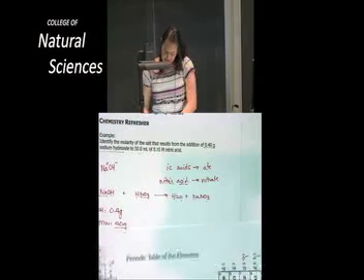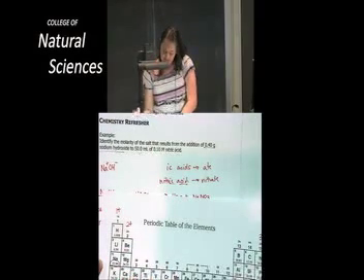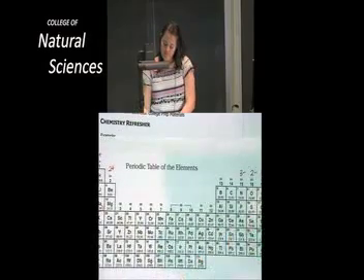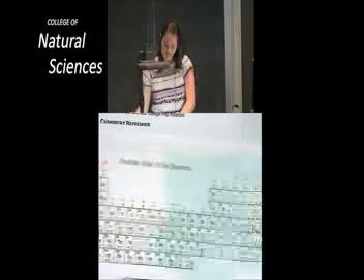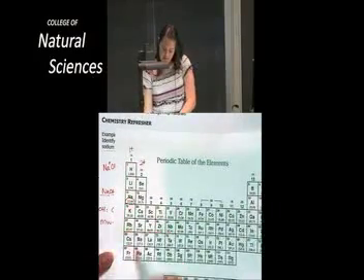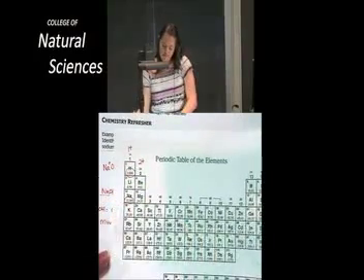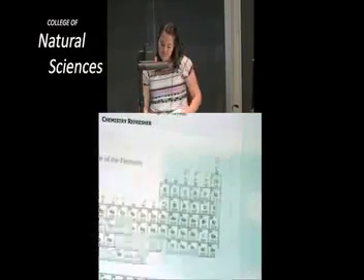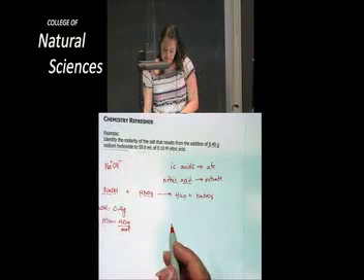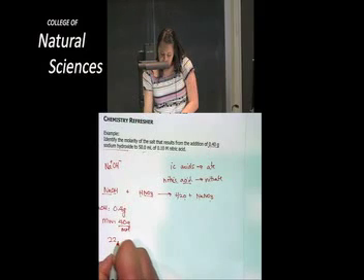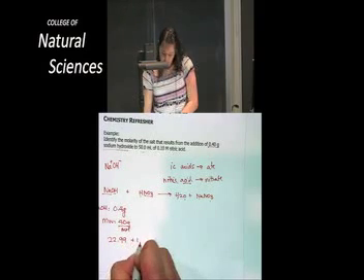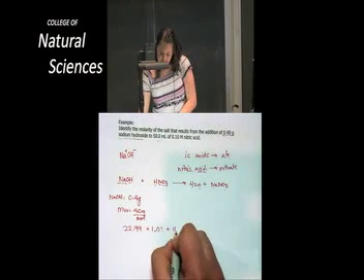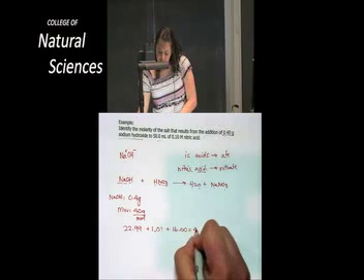So sodium hydroxide, the atomic weight is given here. Here's sodium. H is right there, 1.01, and oxygen here. So you can simply find the atomic weight by taking the sum of that. 1.01 for hydrogen plus 16 for oxygen, and that equals 40.